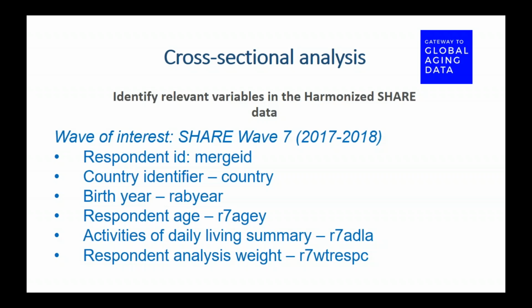We're going to use a country identifier because, as I mentioned, we're going to look at differences in different countries. We'll also include an indicator of birth year, and an indicator of the respondent's age at wave 7. Again, you can see our intuitive variable naming convention here. So the respondent's age in years variable is R7AGEY.